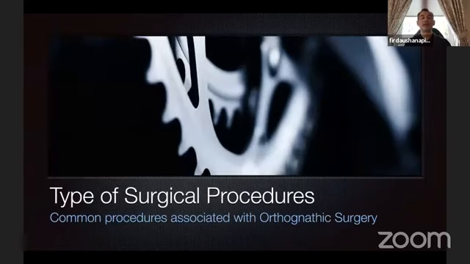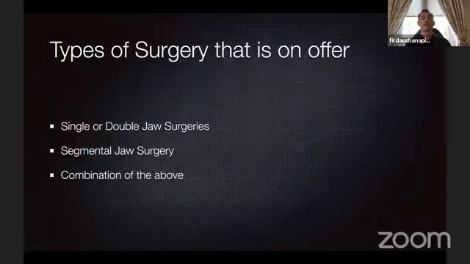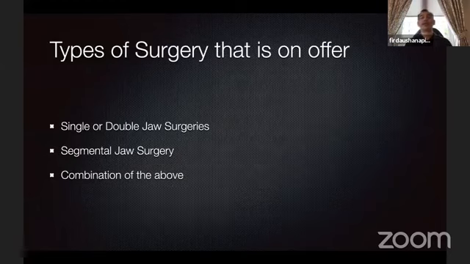Okay, so what's a type of surgical procedure that is common and associated with orthodontic surgery? Types of surgery that we can offer are single or double jaw surgery. You can do a segmental jaw surgery or a combination of the above.